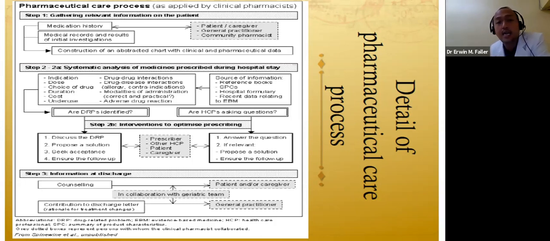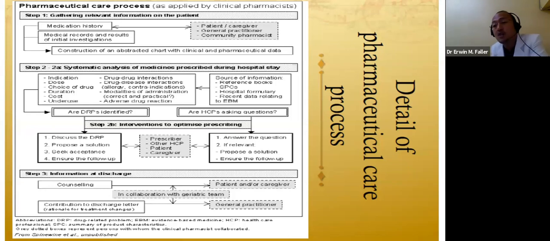As I stressed a while ago, it involves data on medication history and, of course, medical history, records, and initial investigation, whether subjective or objective, such as the patient's chief complaint of headache, nausea, and tenderness of the gastrointestinal tract. This data can be obtained from your patient, your caregiver, some general practitioners, even some pharmacists in the community setting.